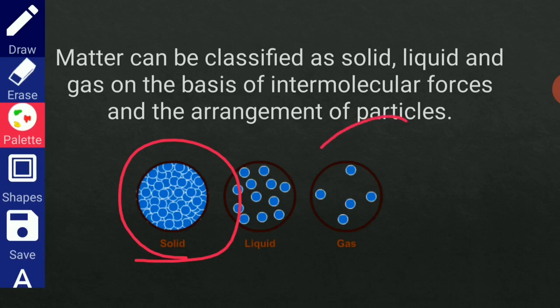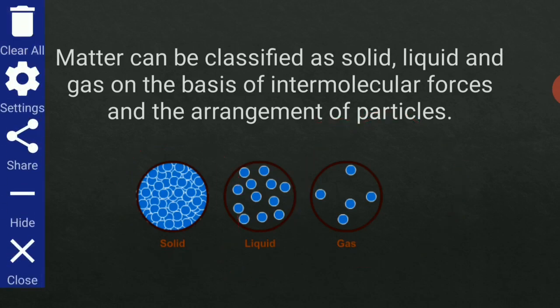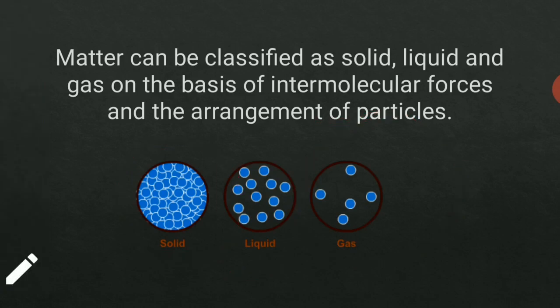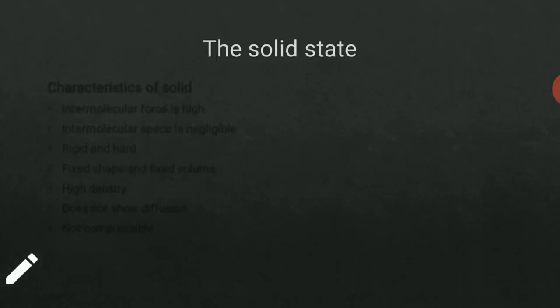And in case of gases, the intermolecular space is very high, or we can say that the particles attract each other with less intermolecular force, and the liquid is intermediate to the solid and gaseous state. In this video, we will focus on the solid state.